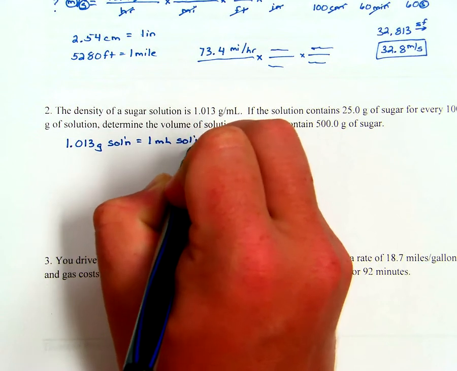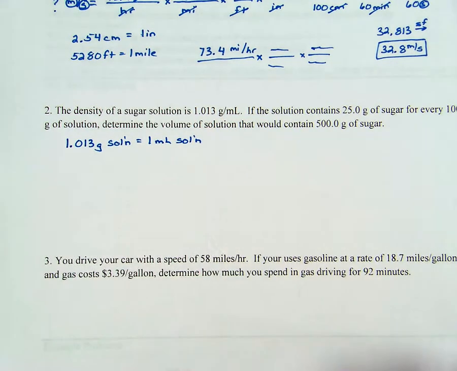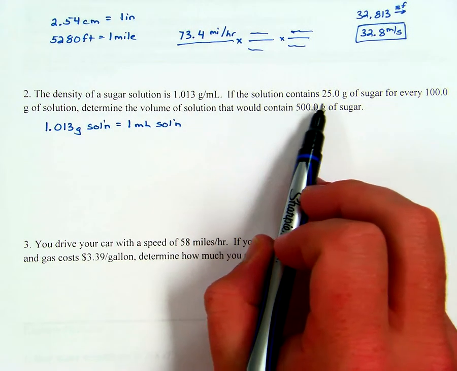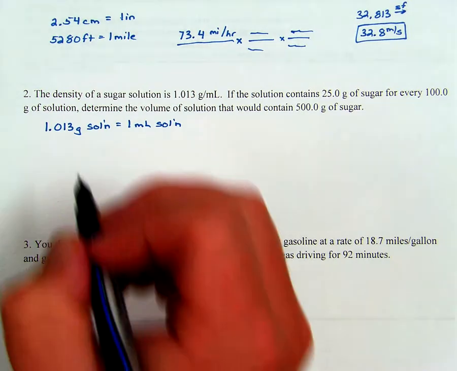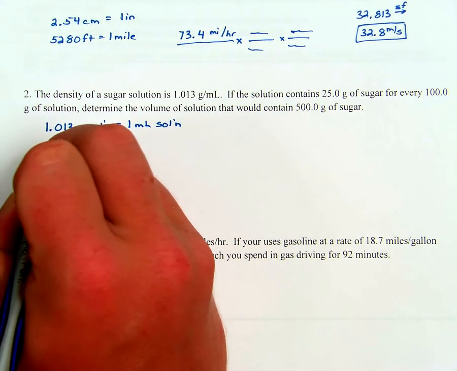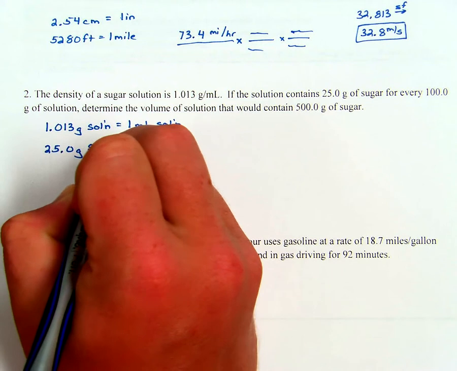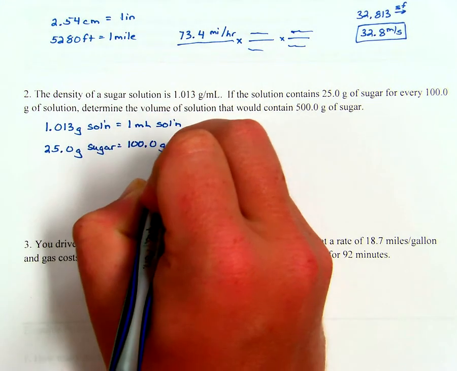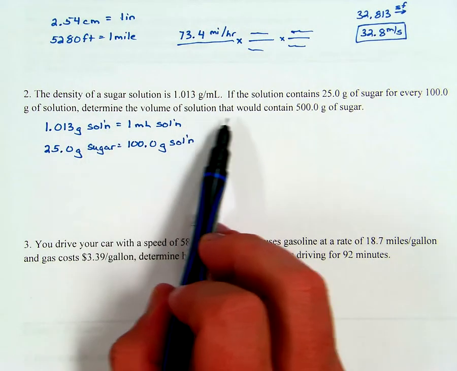I'm using the abbreviation SOL'N for solution. We're also told that the solution contains 25 grams of sugar for every 100 grams of solution. That would be another conversion factor. 25.0 grams of sugar are equal to 100.0 grams of solution.